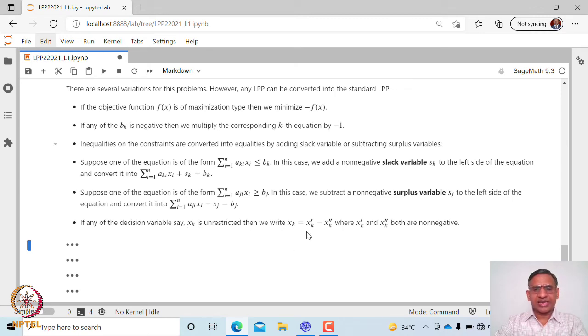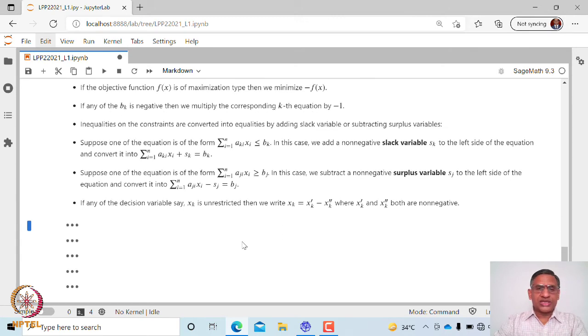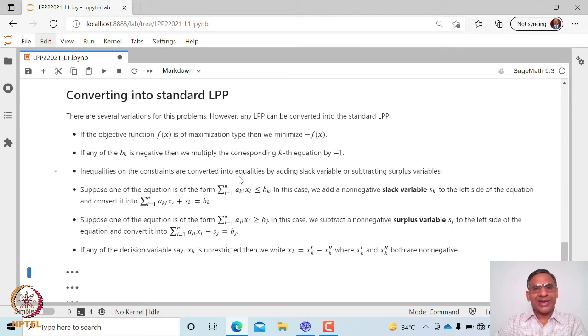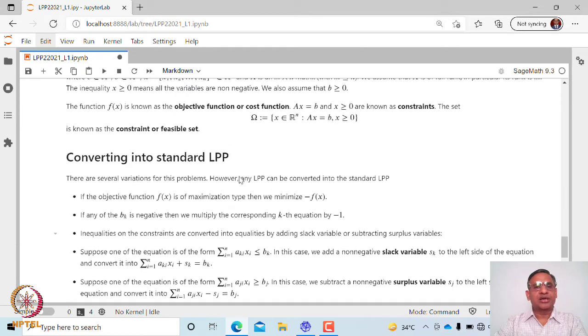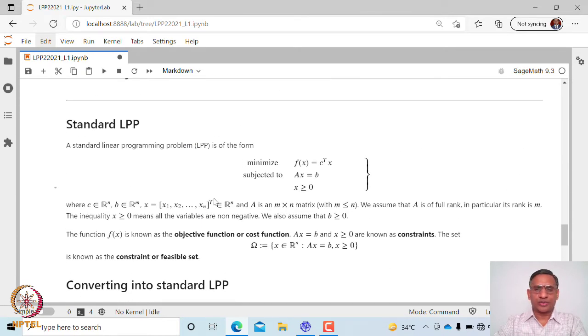Then xk can be written as the difference of two non-negative variables. So xk can be written as xk dash minus xk double dash, where xk dash and xk double dash both are non-negative. For example, if it is -4, I can write -4 as, let us say, 3 minus 7, right? Okay, so these are the steps using which any linear programming problem can be converted into a standard linear programming problem.